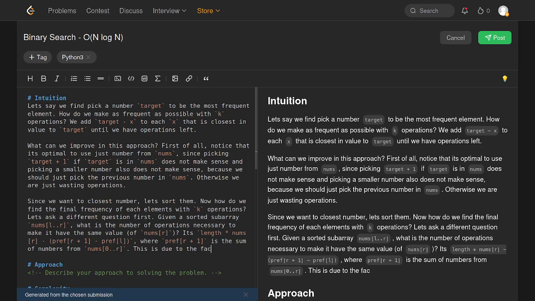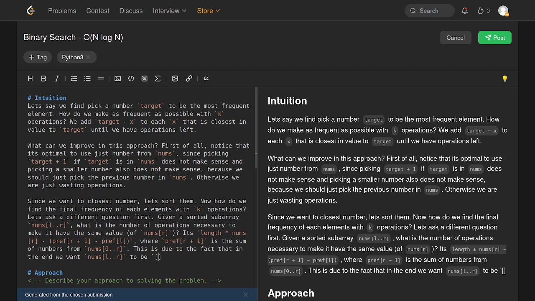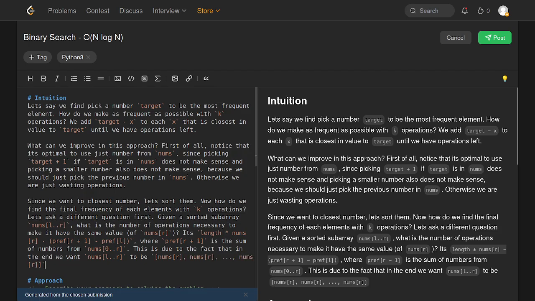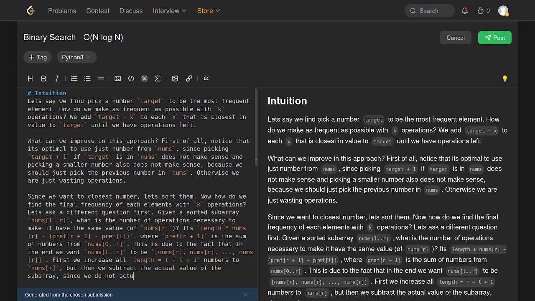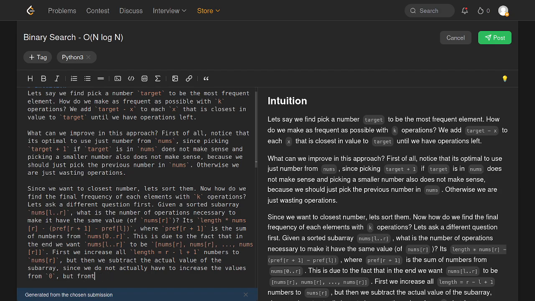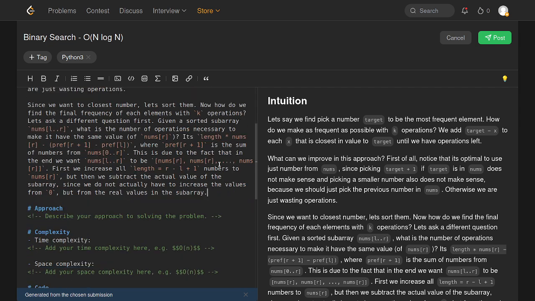This is due to the fact that in the end we want nums[L..R] to be nums[R]. We increase all R minus L plus 1 numbers to nums[R], but then we subtract the actual value of the subarray, since we do not actually have to increase the values from 0, but from the real values in the subarray.